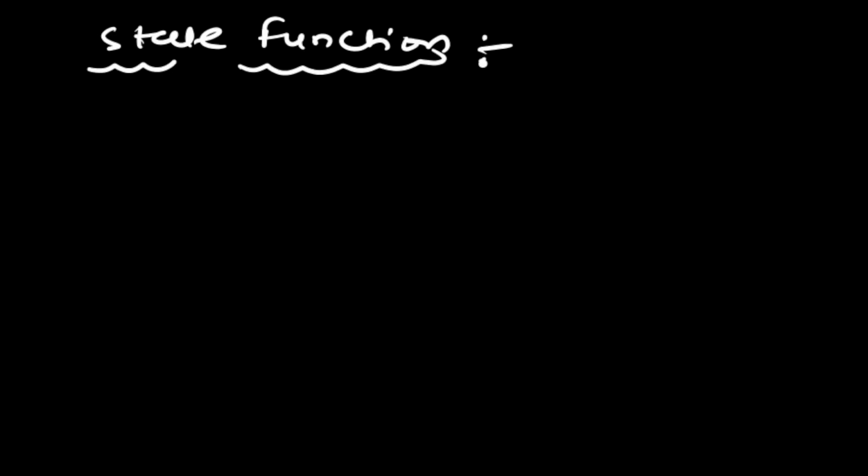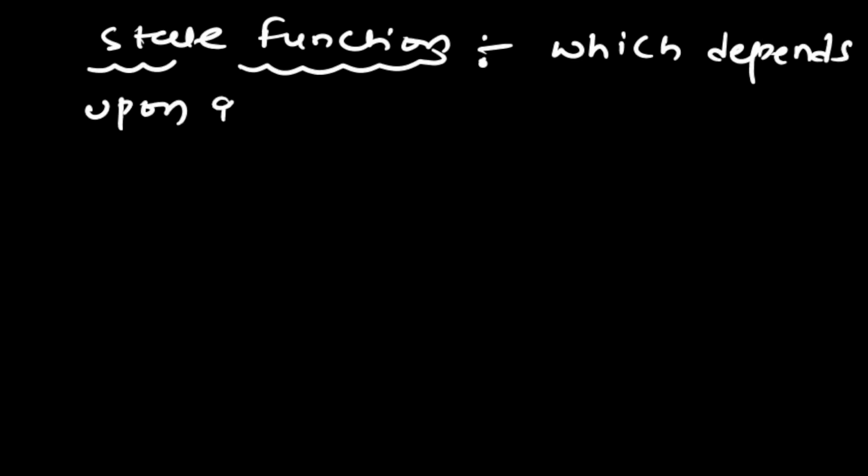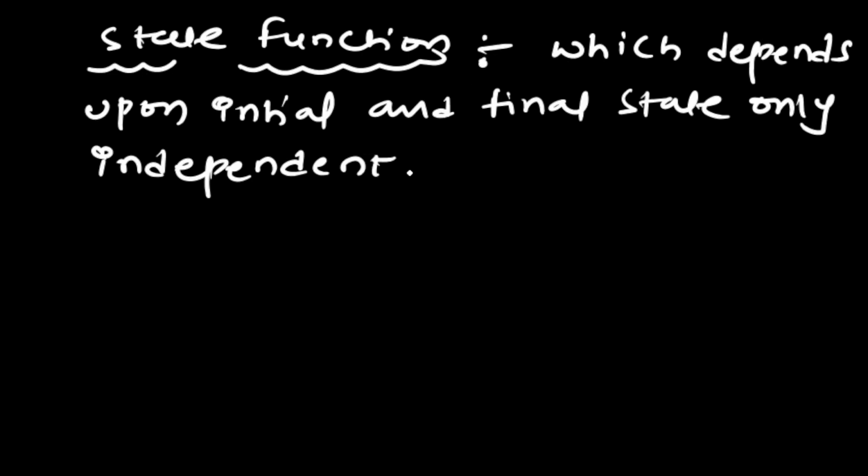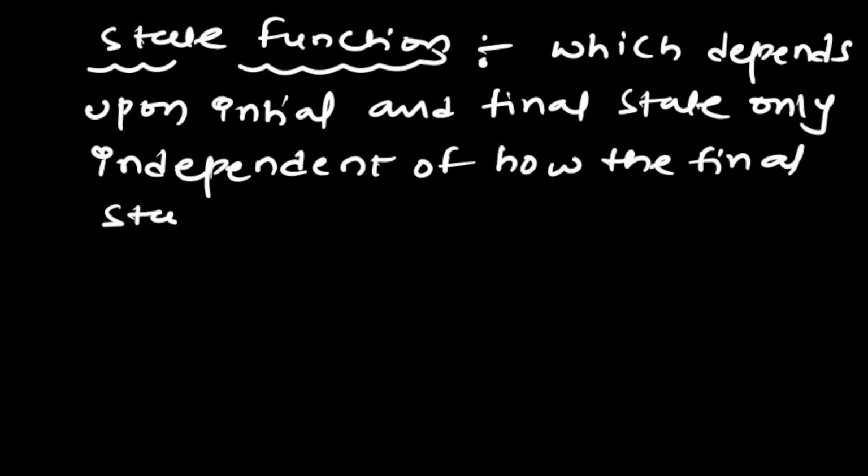The properties which depend upon the initial and final state only. State function means it depends upon the initial and final state only, and it is independent of how the final state is obtained.